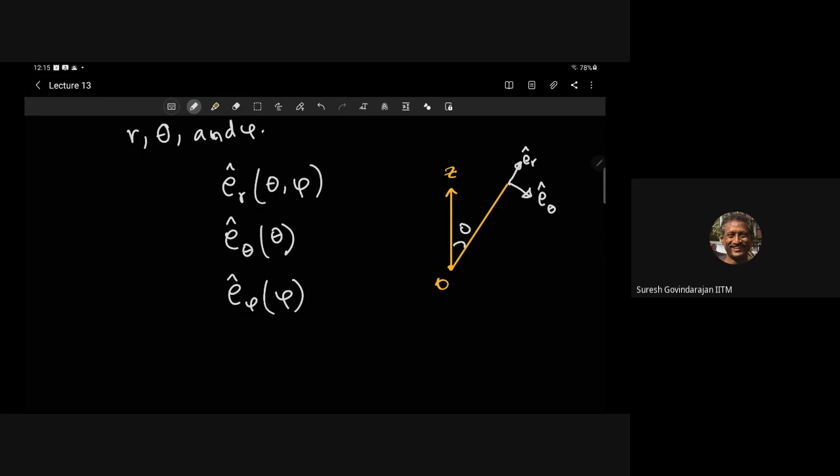And phi is a rotation in the xz plane, so E phi cap will be directed downwards into the plane.